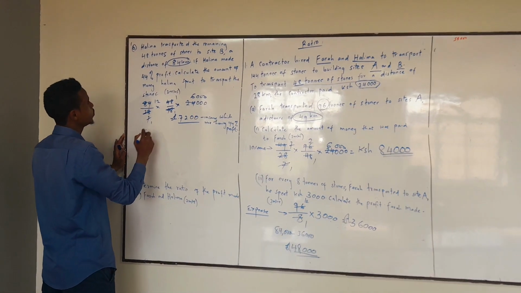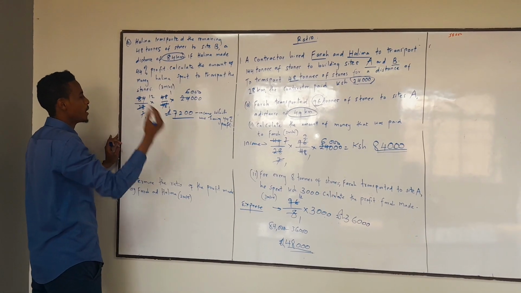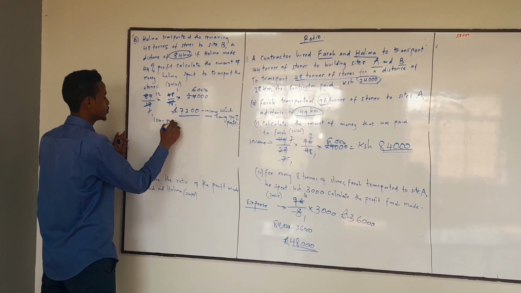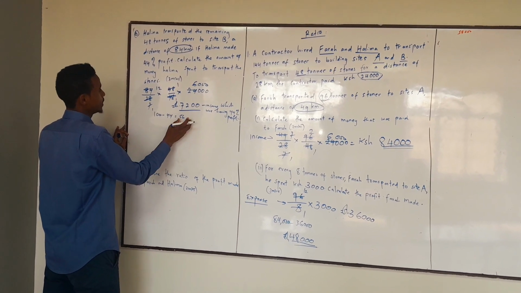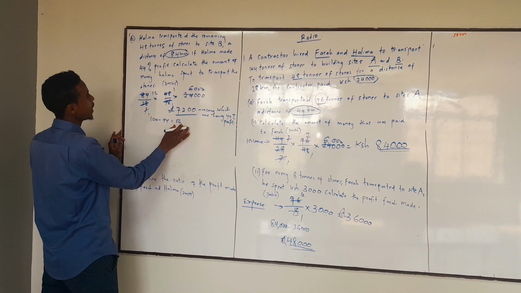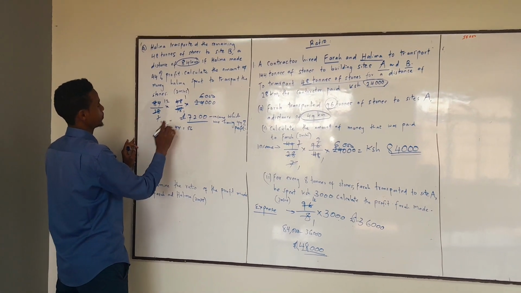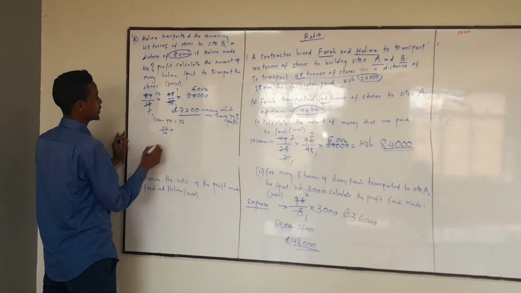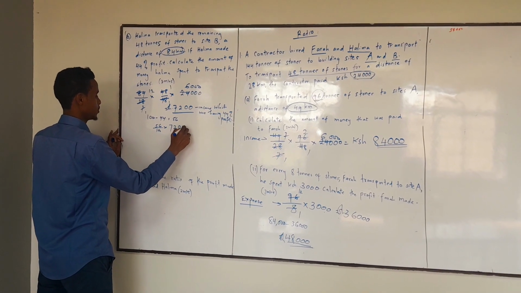Now what can we do? Now we will ask what the amount she used. That means 100 minus 44 is profit. We're going to get 56%. This was the amount she was having. Now we say 56 over 100 multiplied by 72,000.